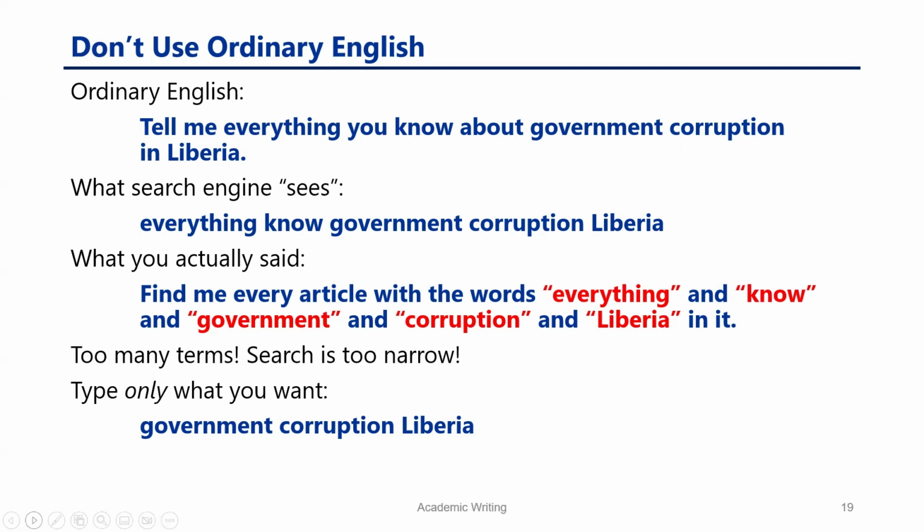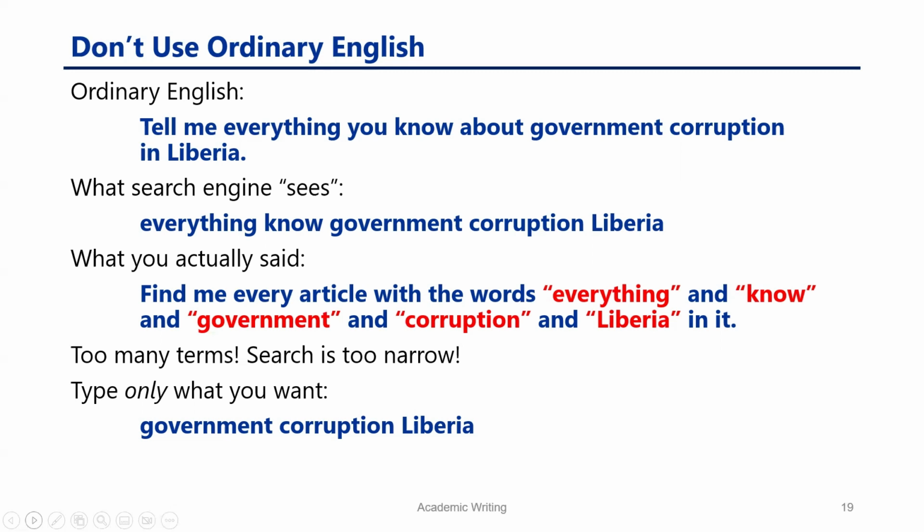But let's look at what the search engine actually sees when we type things in. The search engine throws out small words like me and you and about. And so what it actually sees is everything, no, government, corruption, Liberia.